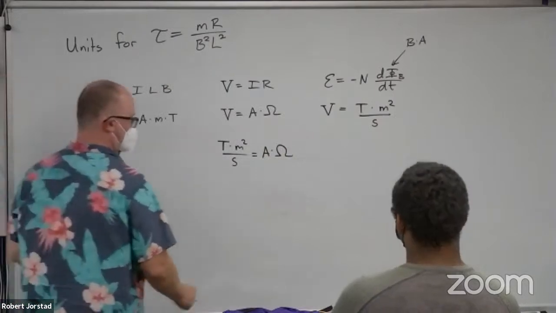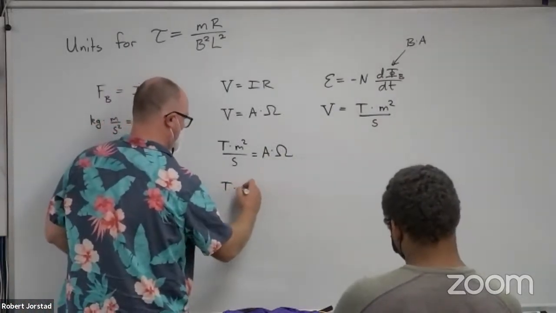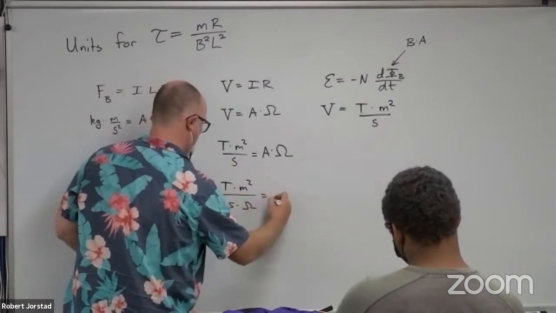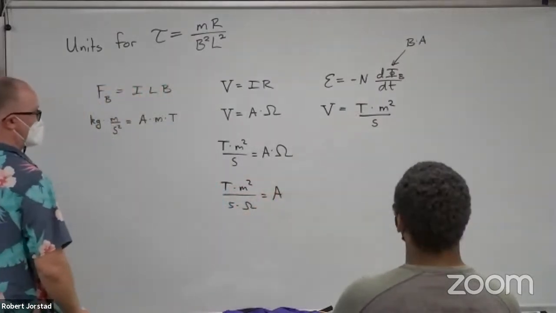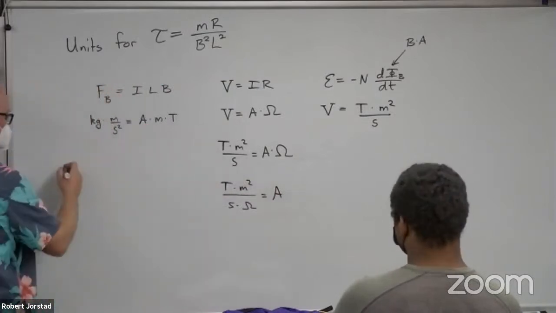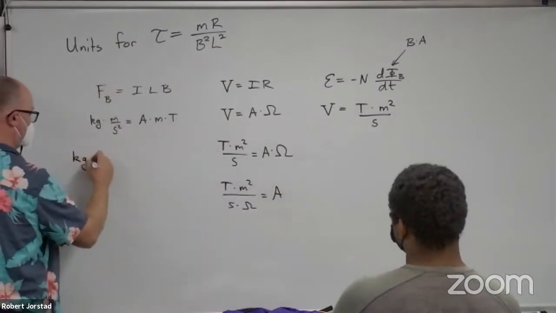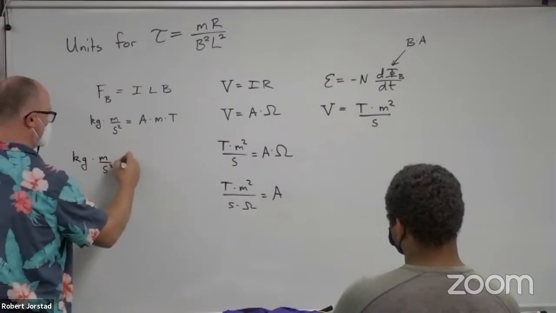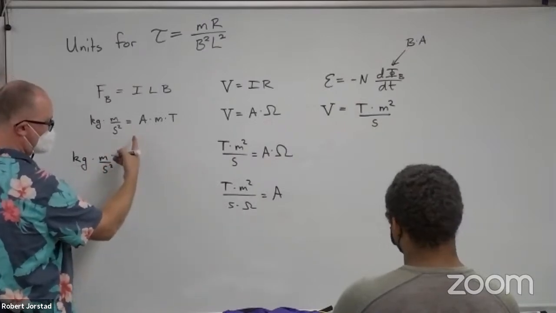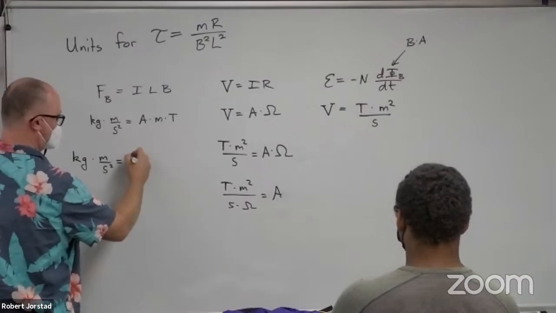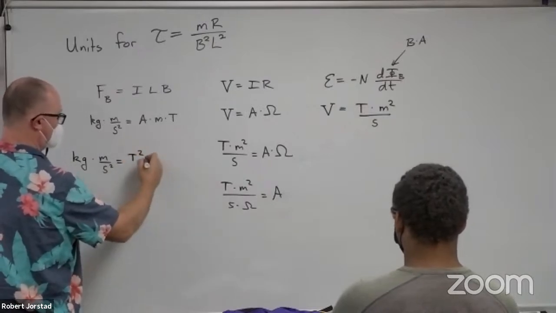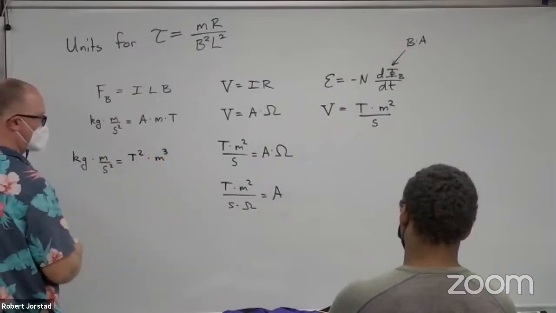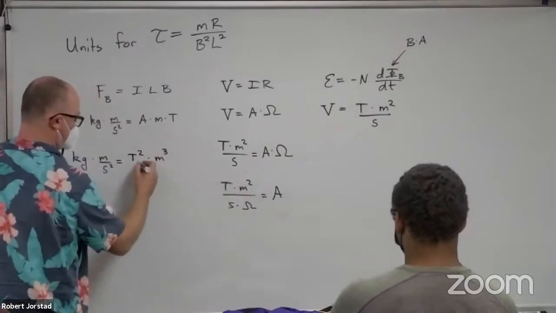Well, do you agree that a Tesla meter squared per second ohm is an amp? All right, do you agree I can plug that into here? Yes. That's going to be Tesla squared meter cubed over meter squared per second ohms.